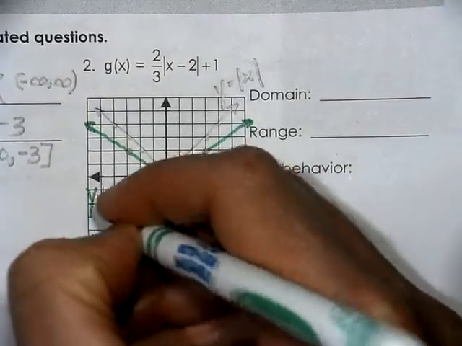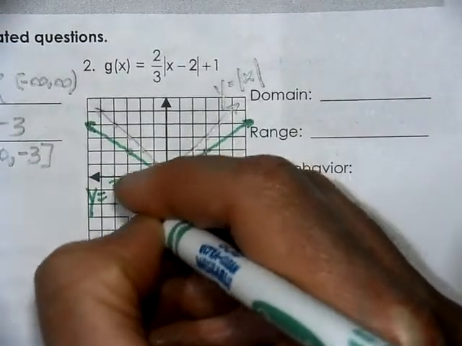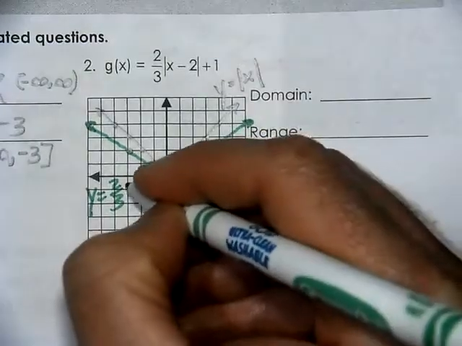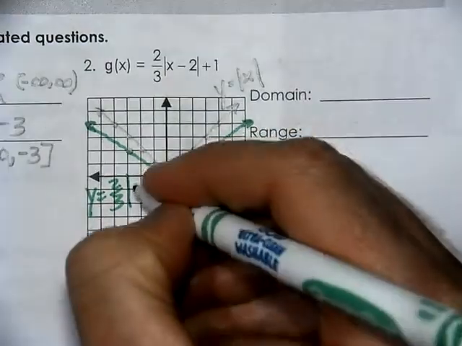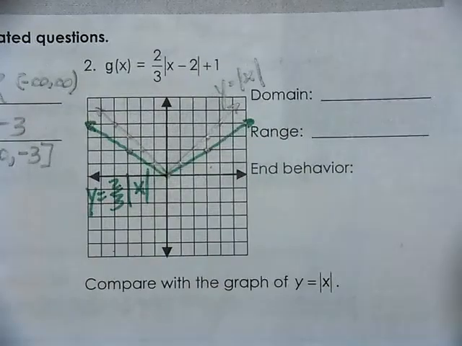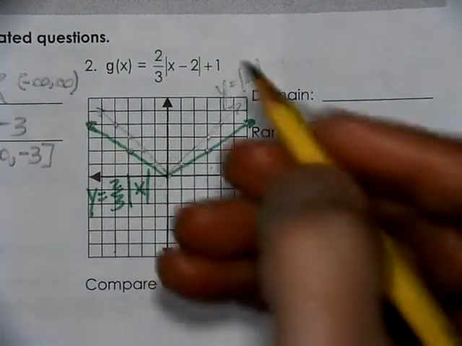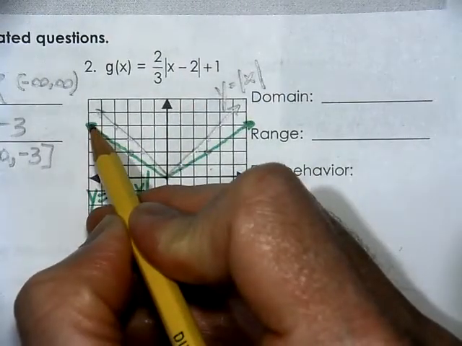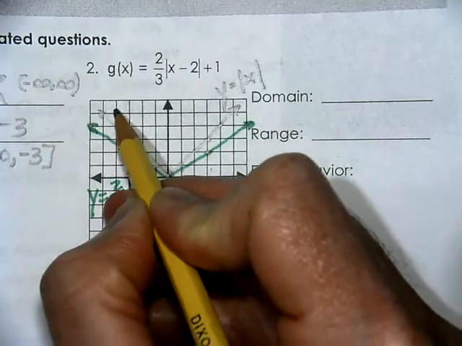So we're going to have y equals 2/3 absolute value of x. Now we're going to take every one of those and go to the right 2 and one up.